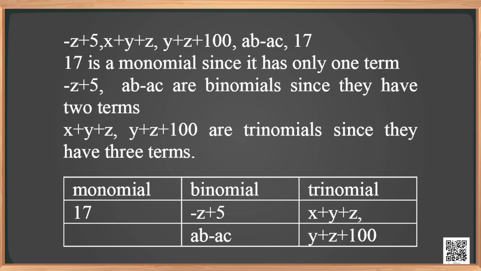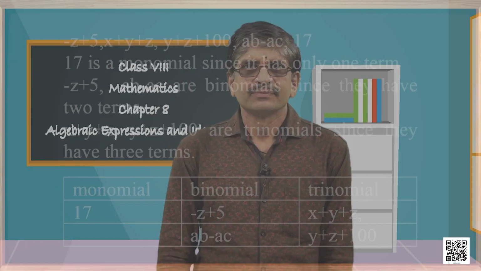Here 17 is a monomial since it has only one term. Minus z plus 5, ab minus ac are the binomials since they have two terms. X plus y plus z, y plus z plus 100 are trinomials since they have three terms.